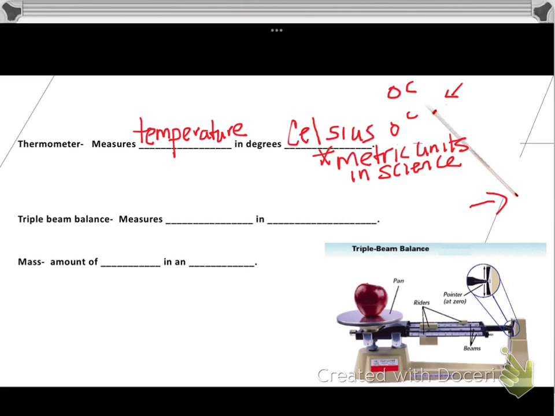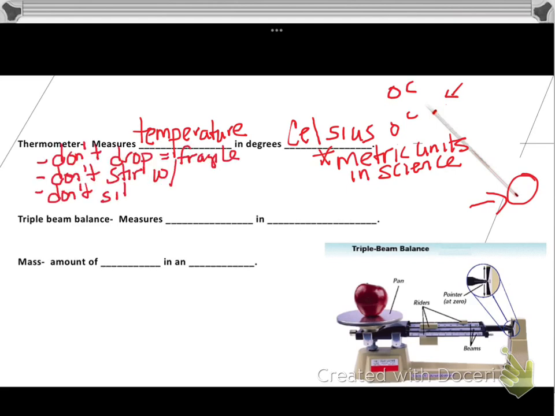When you're using a thermometer, you should remember that they're glass, and you don't drop them because they're fragile. We don't stir with them because they're glass and they'll break easily. When we're using them in lab, we use them a lot of times with a hot plate.